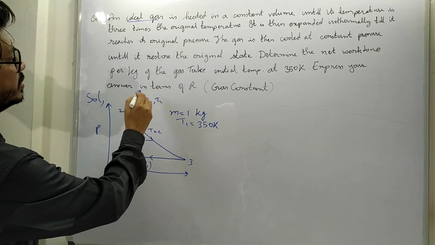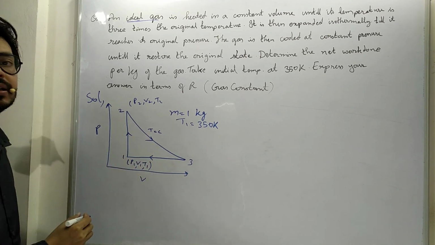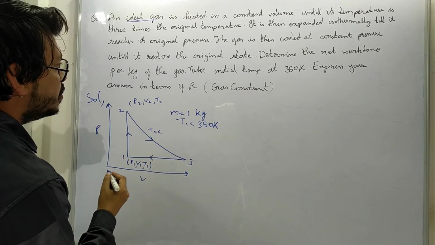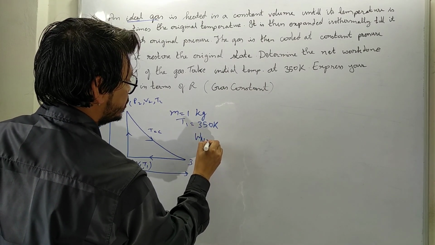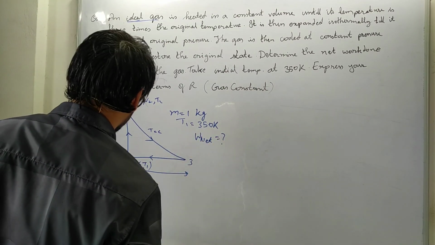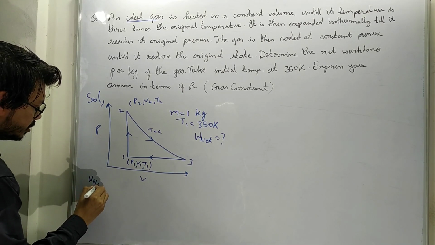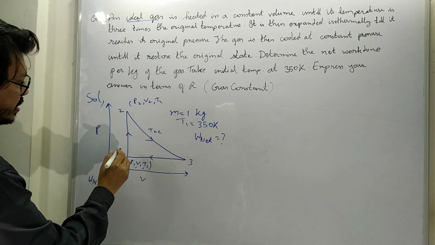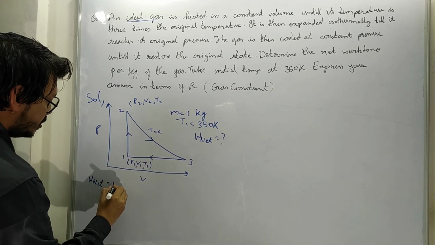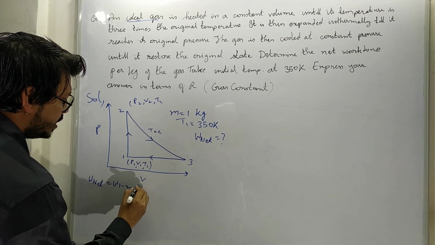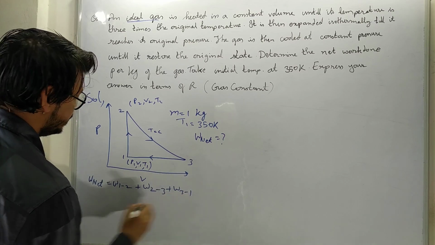Express the answer in terms of R. R is a gas constant, so we have to get the answer in terms of R. Now we have to find out the net work done, W net. We know that the work done by the cycle is the total work done by each process. So W net is equal to W12 plus W23 plus W31.